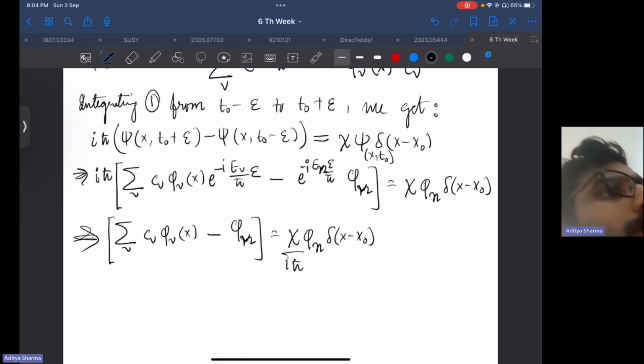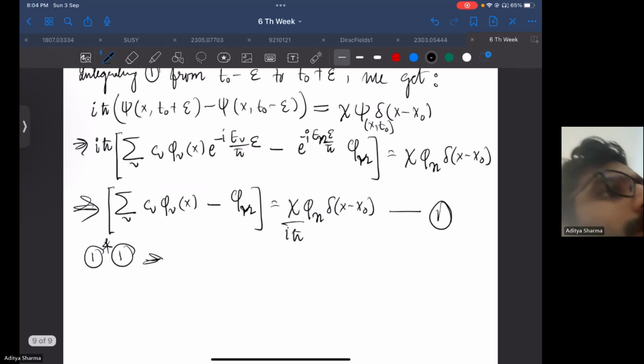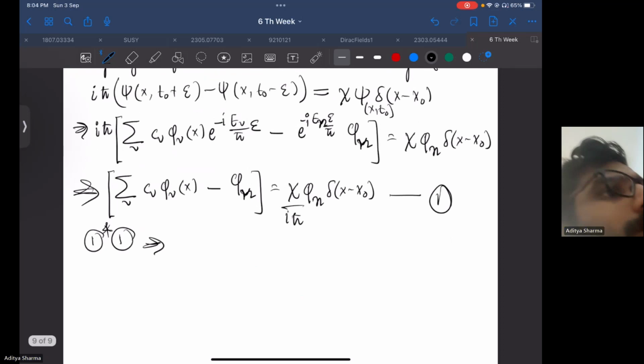Now, if we multiply the conjugate of this with this, so we'll take this equation and multiply its conjugate, one times one star, and we'll also integrate over the states.